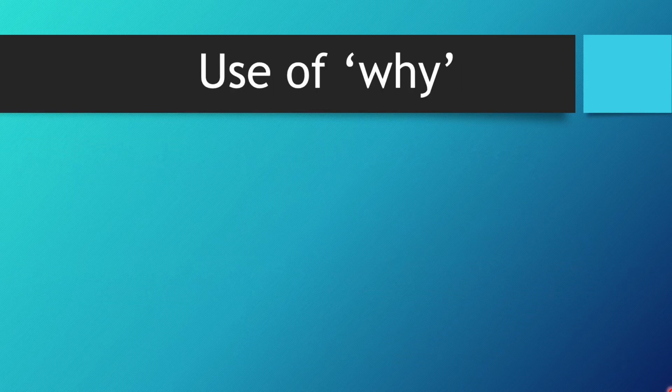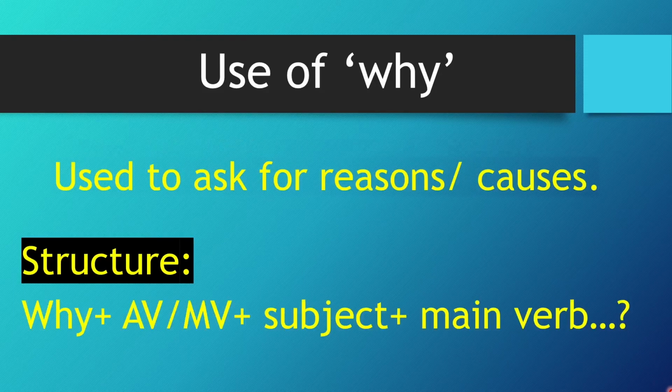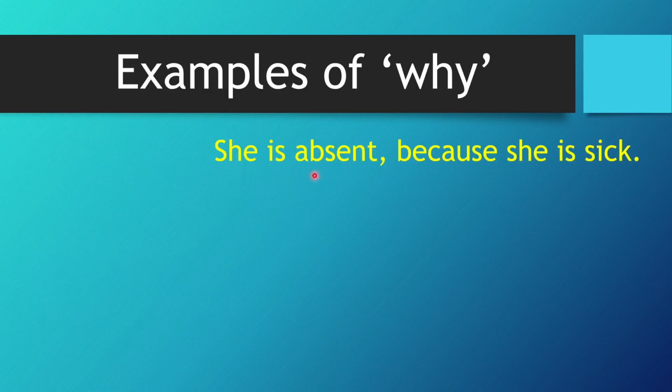Now let us see the use of why. It is used to ask for reasons or causes. Now the structure, why plus auxiliary or modal verb, then comes the subject, then comes the main verb and other part of the sentence, and at last there will be question mark. Now let me give you some examples. She is absent because she is sick.